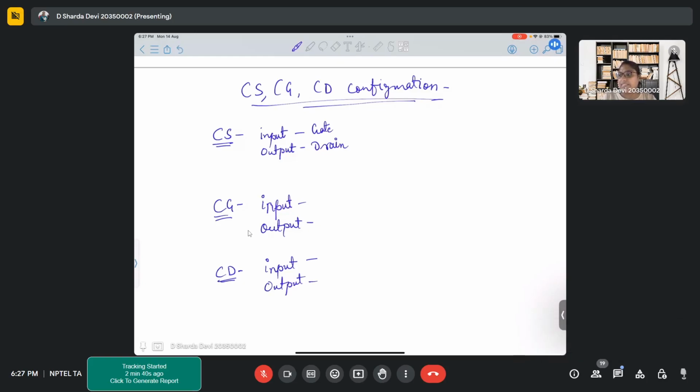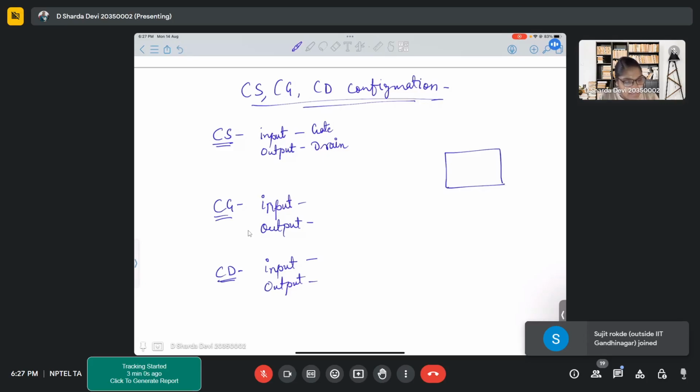Gate is common. See, CG means common gate. So if common gate, then where will we give the input? Gate is common. I have already told you that there is only one input port, right? Last time when we were discussing the port diagram of a MOSFET, we said it has source, drain, and gate.